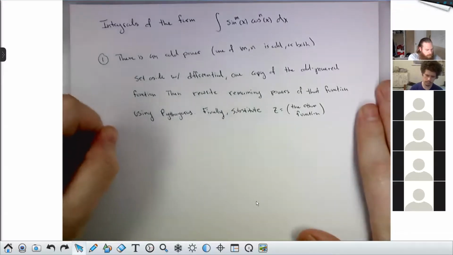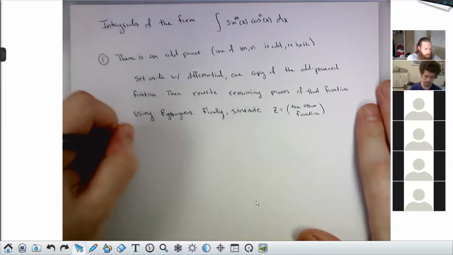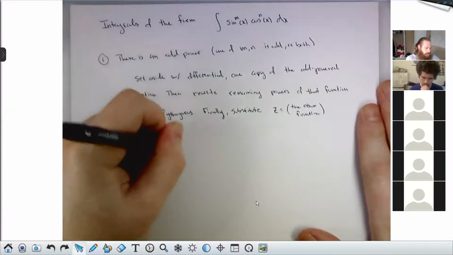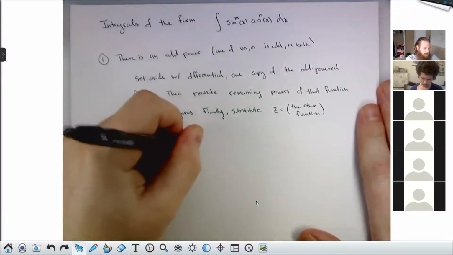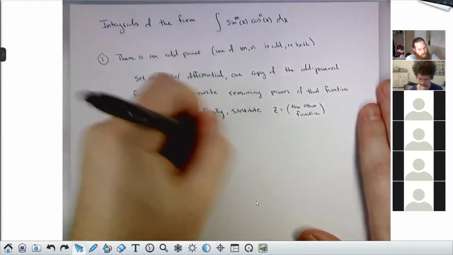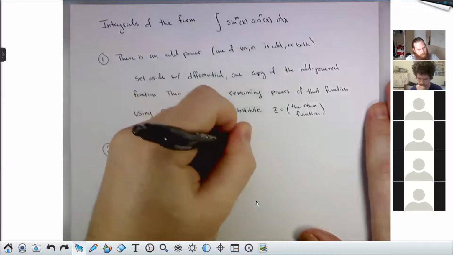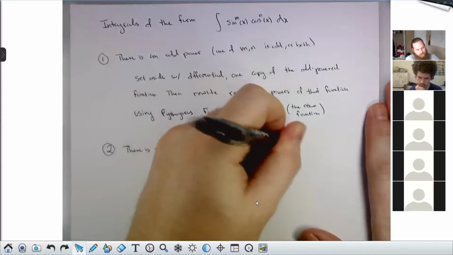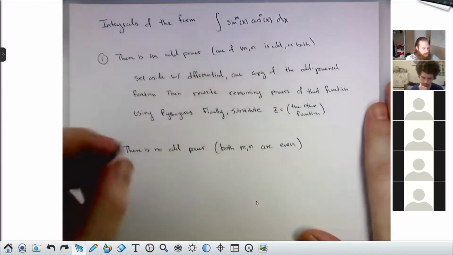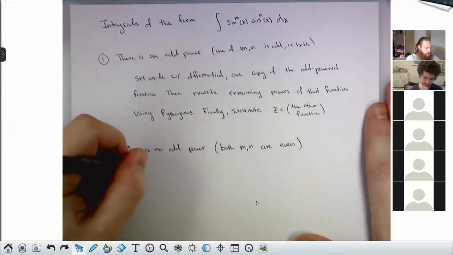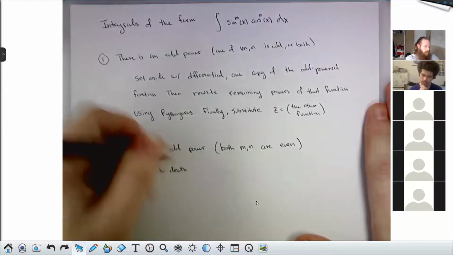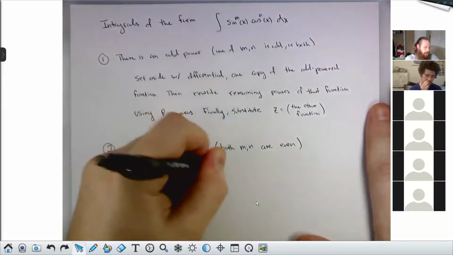The other case here, there is no odd power. Both m and n are even. In this case, you just beat the thing to death with half angle identities.